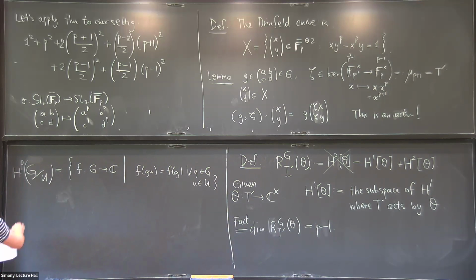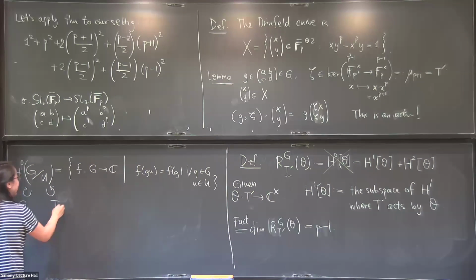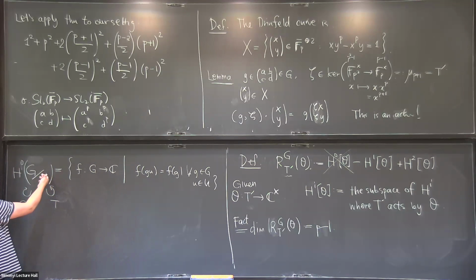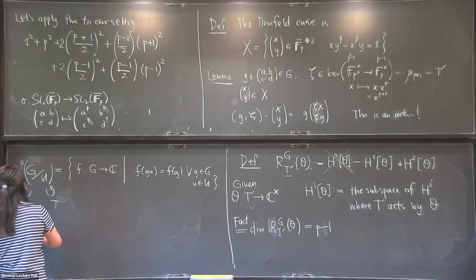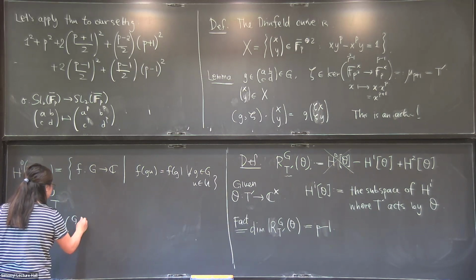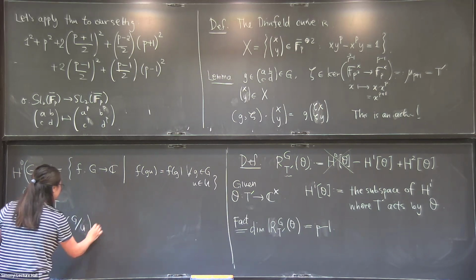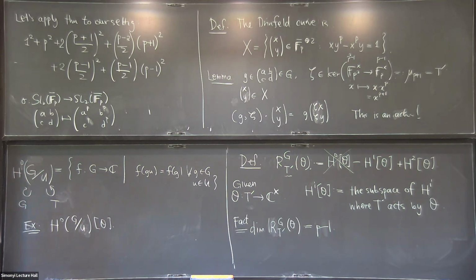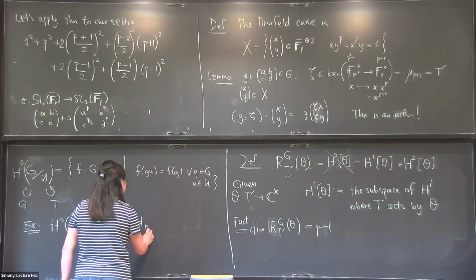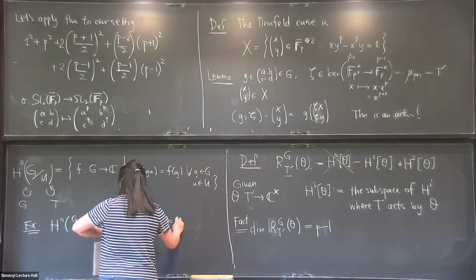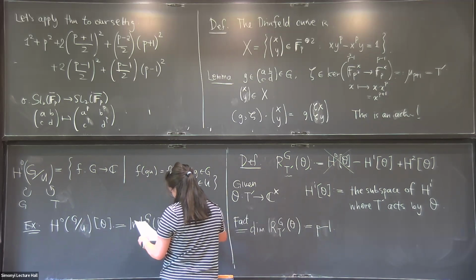In fact, G mod U has a left action by G, by just translating the cosets, and it has a right action by T, because T normalizes U. And so it turns out, and you should check this exercise, that if you take the subspace of this space of functions where T acts by some theta, this is exactly the same thing as induction from B to G of theta tilde, which was my R_B^G of theta.